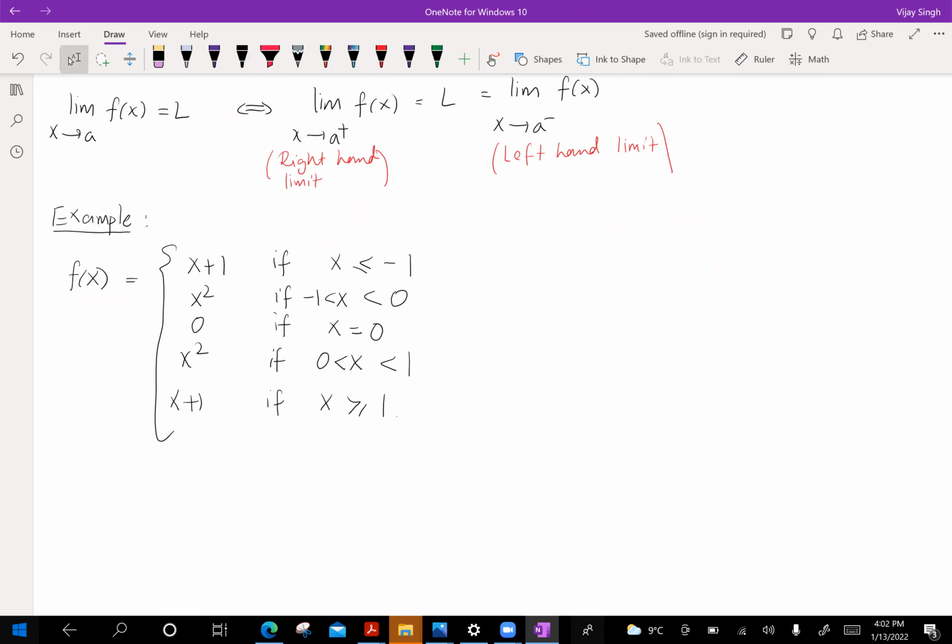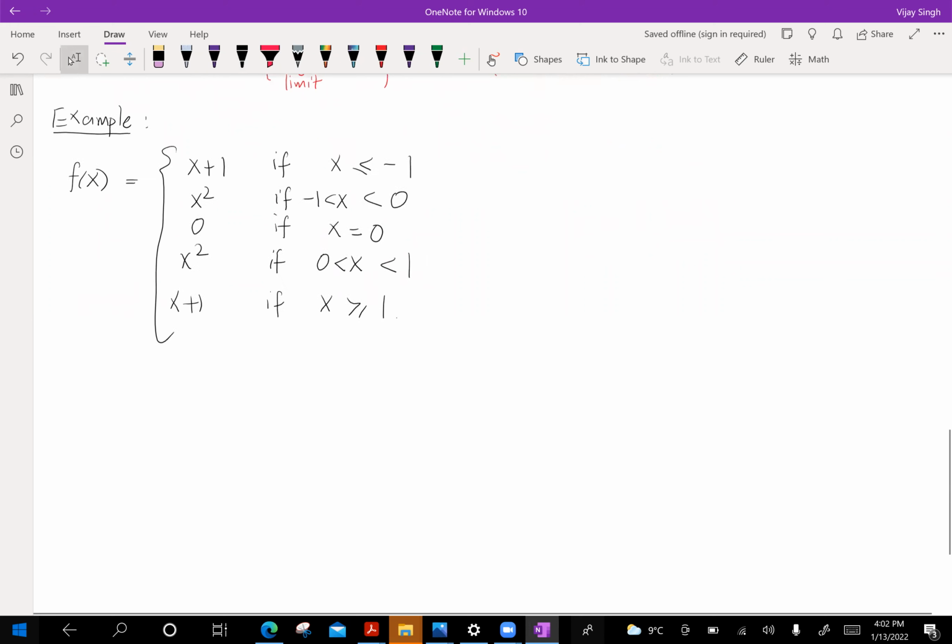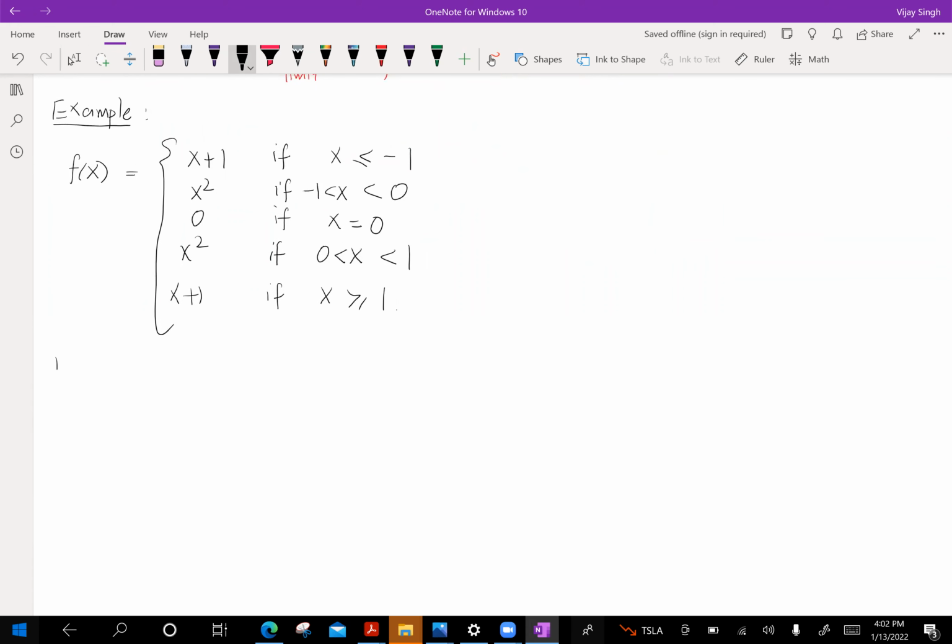Okay, so the question is, what is the limit as x goes to minus 1 plus, the limit as x goes to minus 1 minus, and what is the limit as x goes to minus 1 of f of x?